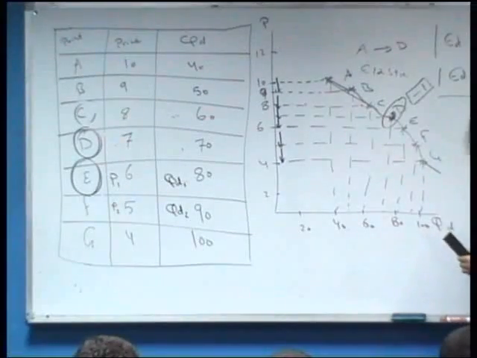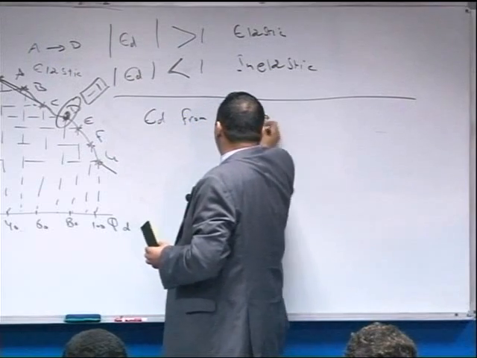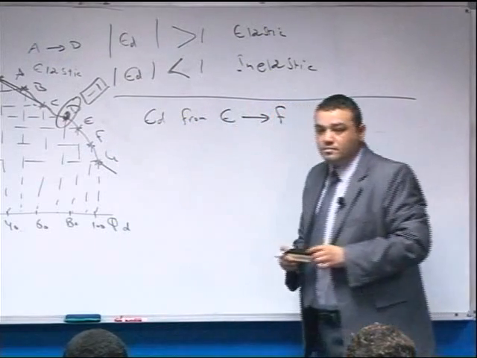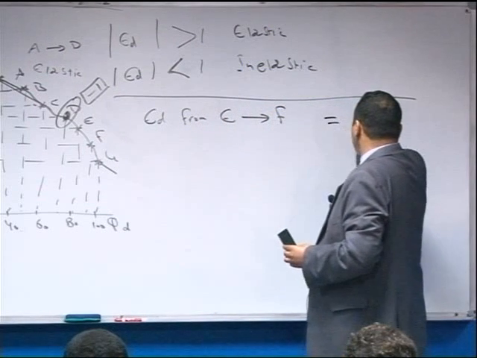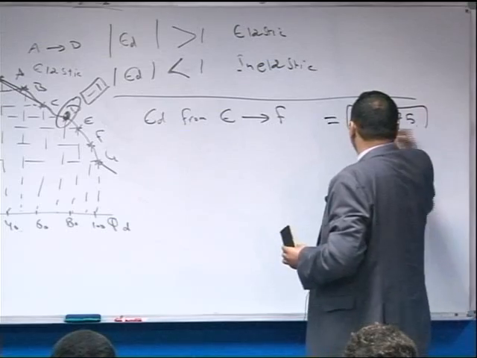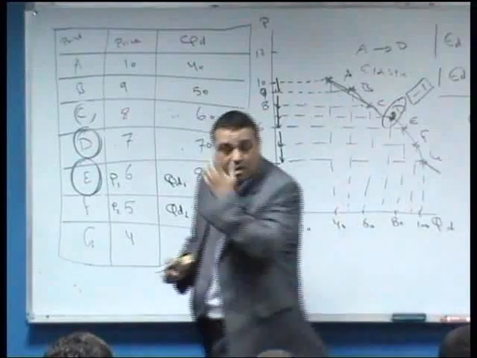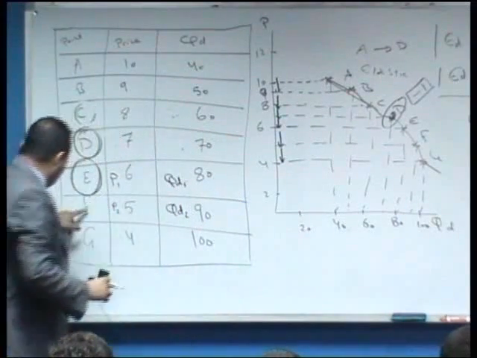The price elasticity of demand from A to F equals minus 0.75, right? Let's calculate the price elasticity of demand from point F to E.